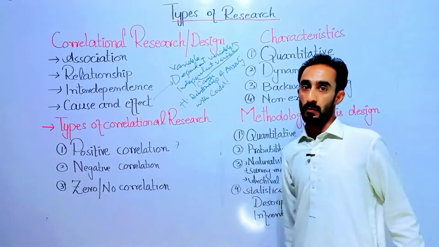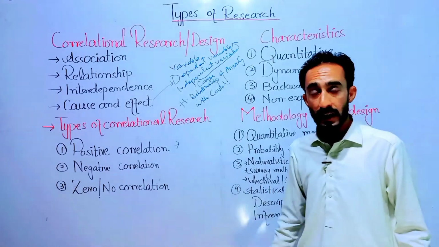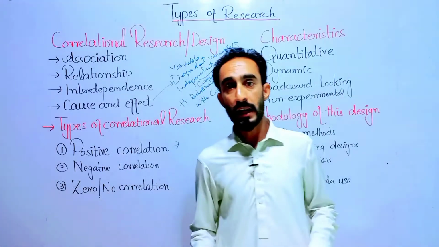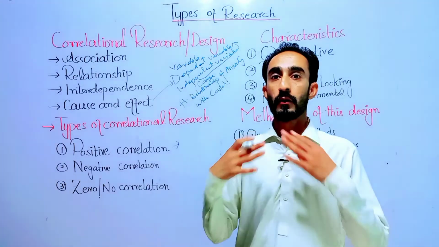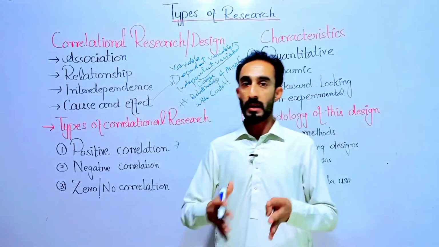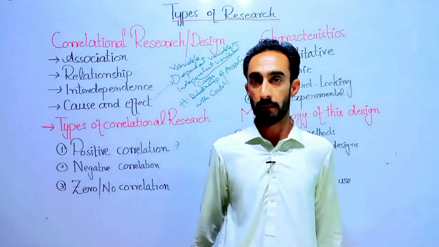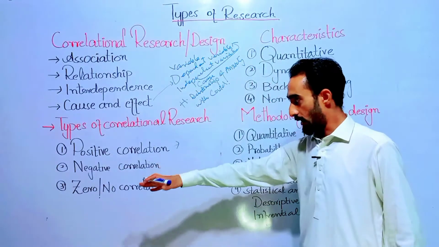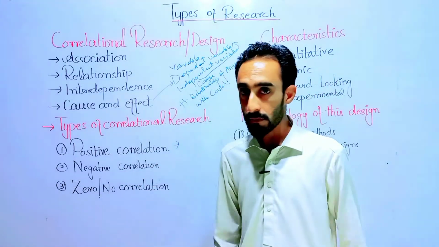Likewise, in zero or null correlation, there will be no association, no effect, and no interdependence between the dependent variable and the independent variable. This is called no correlation or null correlation.